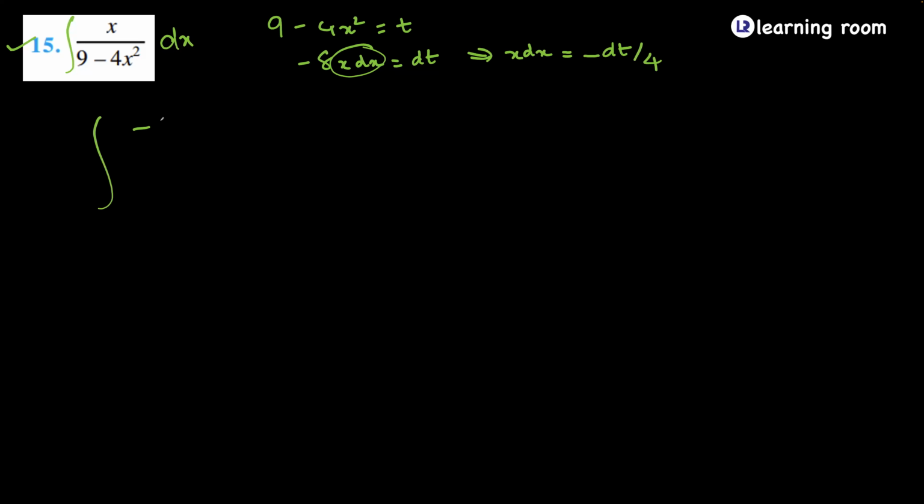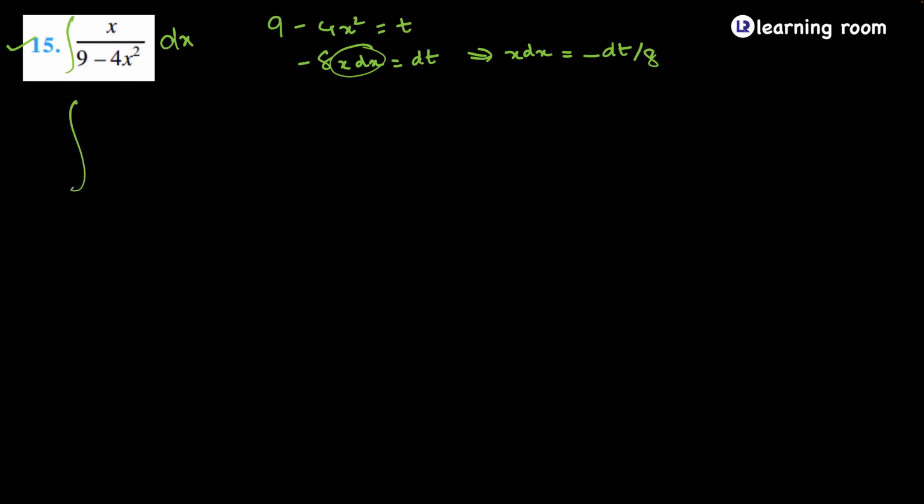So integral of minus dt divided by 4, the whole divided by 9 minus x square can be taken as t. Correction. It will be minus dt divided by 8, right?